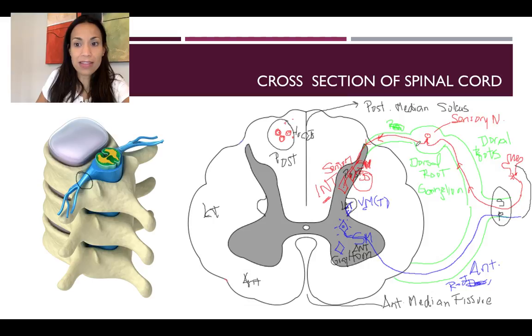If we find the same structure in the central nervous system, we call it a nucleus. Now, a spinal nerve is a bundle of axons in the peripheral nervous system. This bundle of axons that I can see here in the central nervous system, I call a tract. Okay? So I hope these concepts are clear.